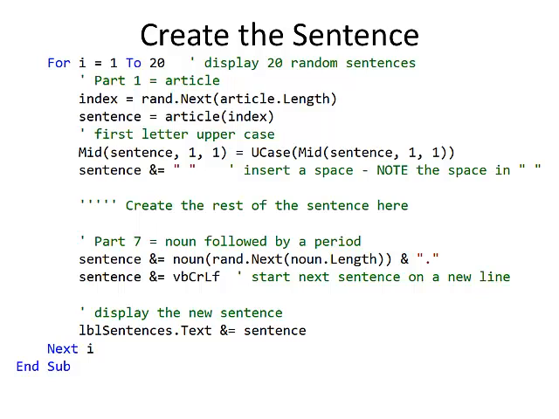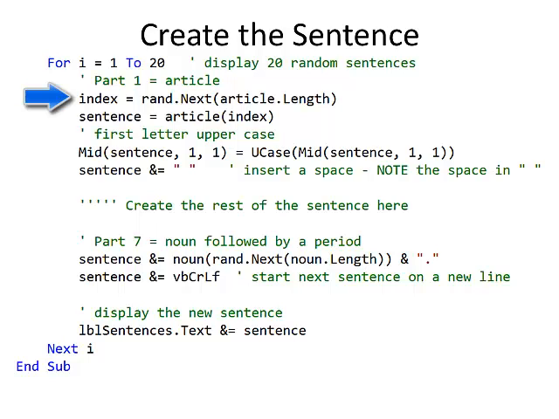Let's look at how to create the sentence. Here I am back in the for loop for I equals 1 to 20. So part 1 equals the article. Index. Remember, that's going to figure out which one of the articles I'm going to pick. Index equals rand.next article.length.